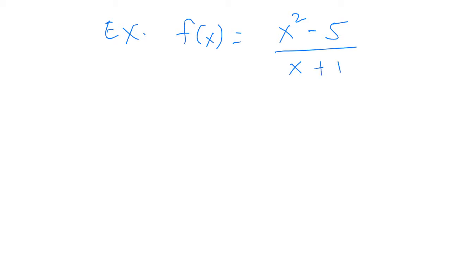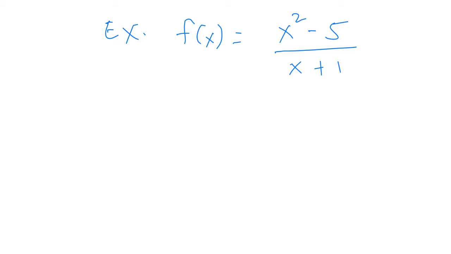Okay, so here you have your f of x, which is your y, equals x squared minus 5 divided by x plus 1. So you have a rational function here. And note from the rule there, it says if the numerator is of degree exactly 1 more than the denominator.